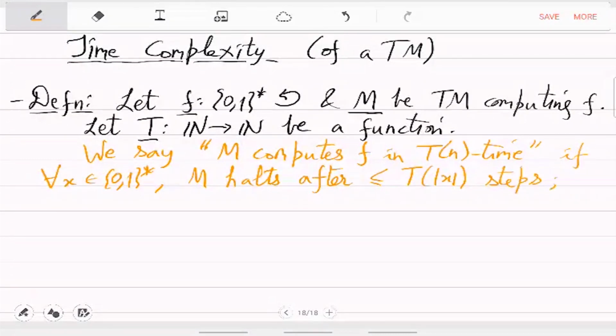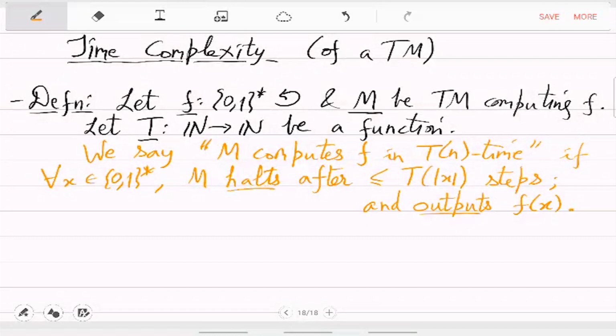Obviously just halting is not enough, it should also give the correct answer. So it outputs F of X. It should halt and give the correct output in a number of steps that is a function T of the length. This is important.